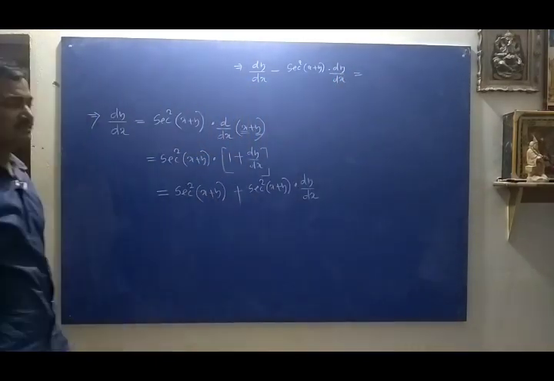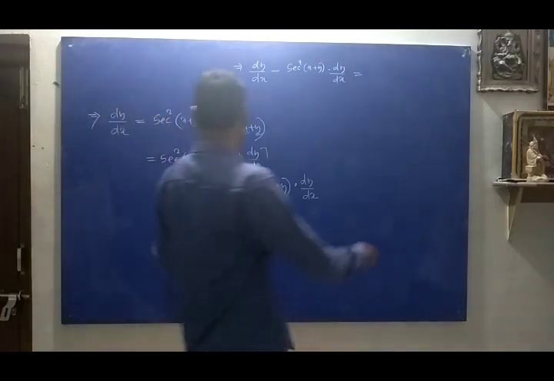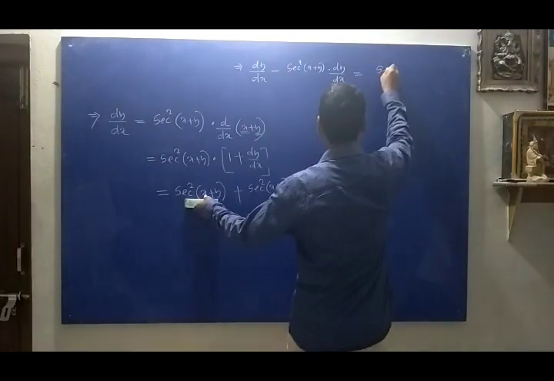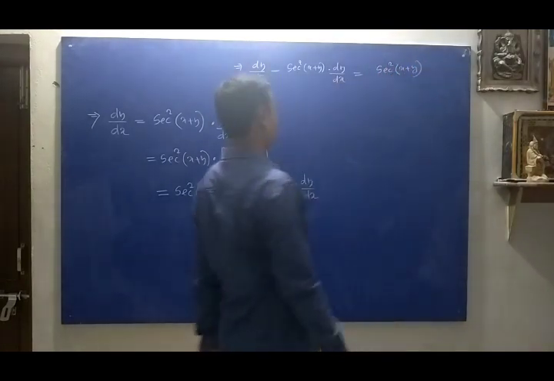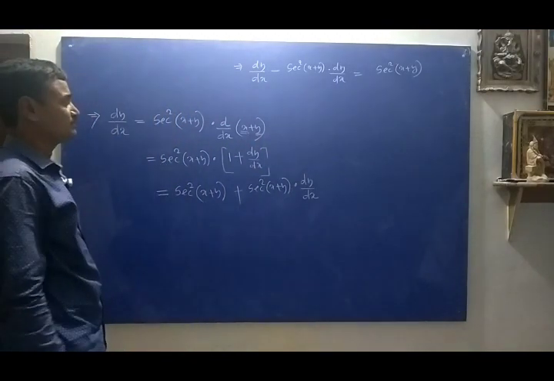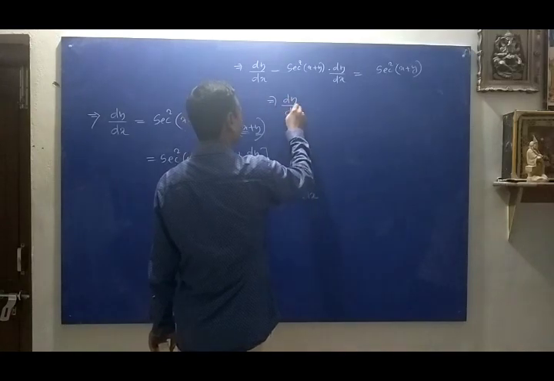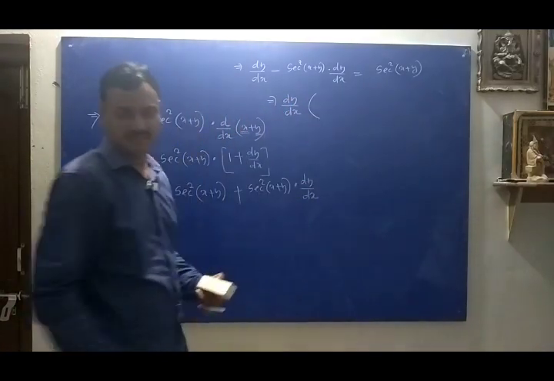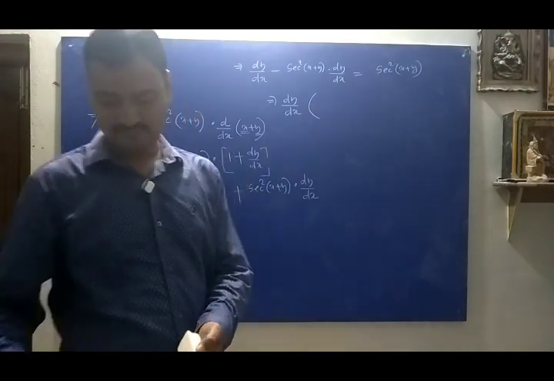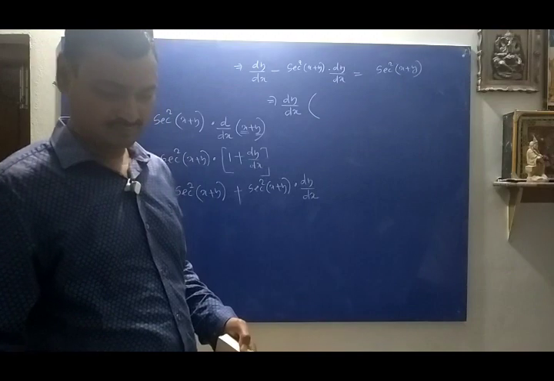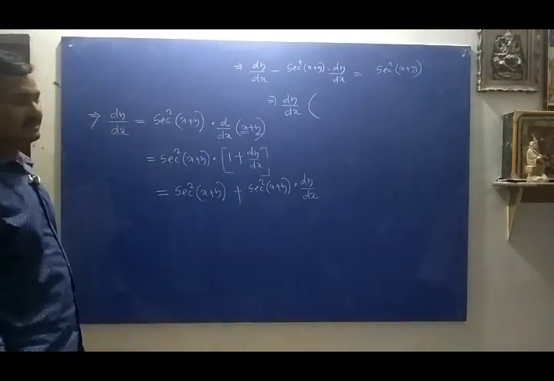Sec square of x plus y into dy by dx is equal to sec square of x plus y. So take dy by dx as common.